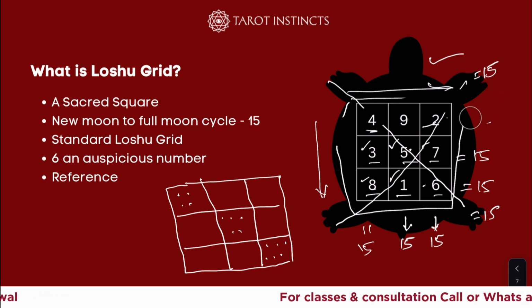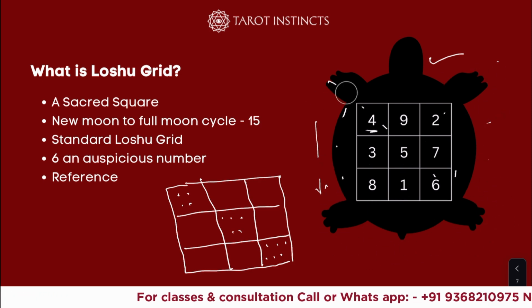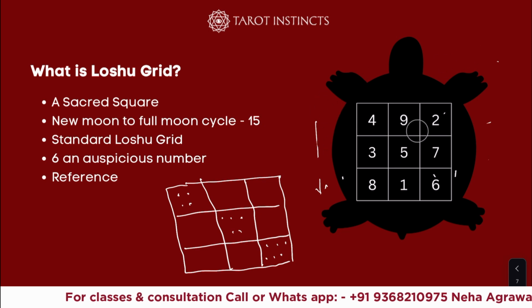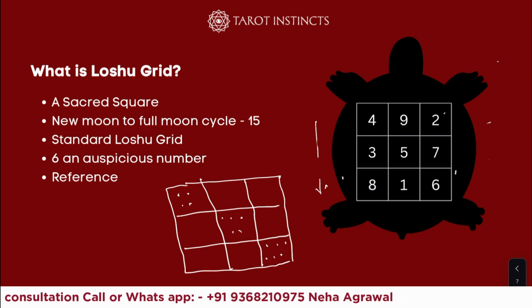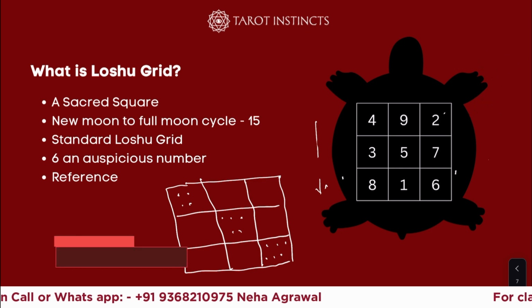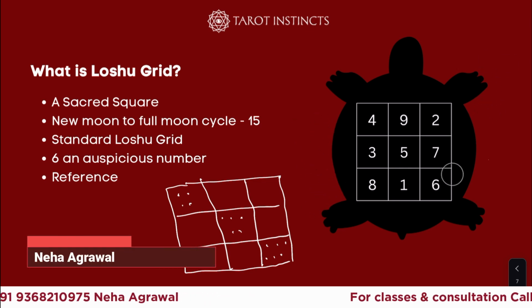No matter how you add the numbers, it comes to the same number, which is 15. This discovery was considered a divine revelation and was believed to hold profound cosmic significance.